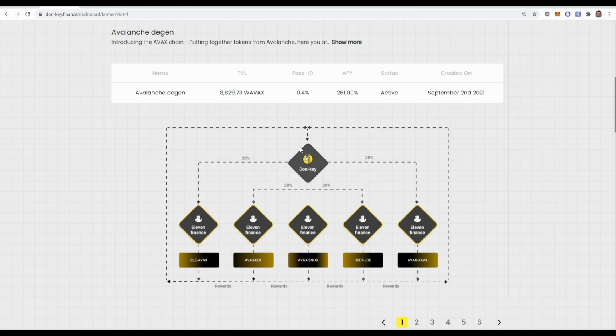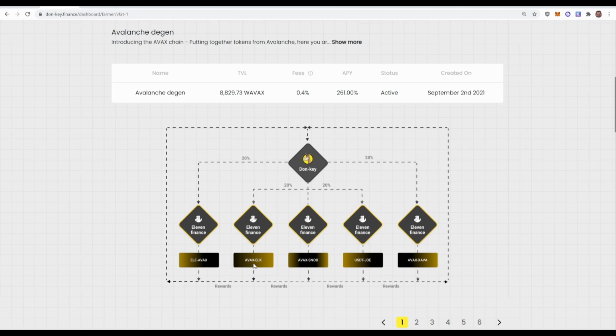So what is happening here is your AVAX is sold for ELE, it is sold for Elk, it is sold for Snob, it is sold for USDT and Joe, and it is sold for Xava. So here in this link of the tree, 10% of your initial funds is basically converted into ELE.